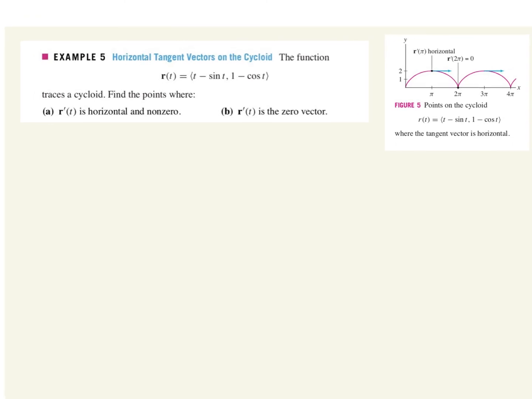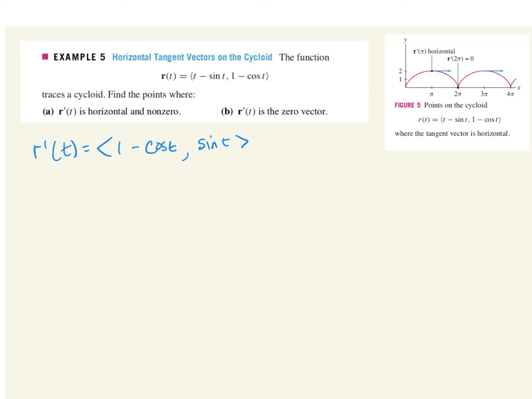So a little interpretation here, but we always have to start with our derivative, basically our slope. So r prime is 1 minus cos t, and the other component is positive sine t.